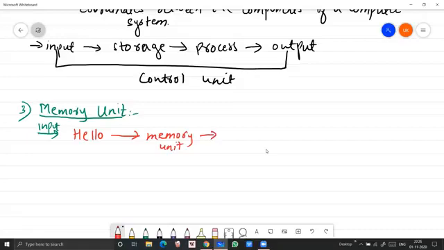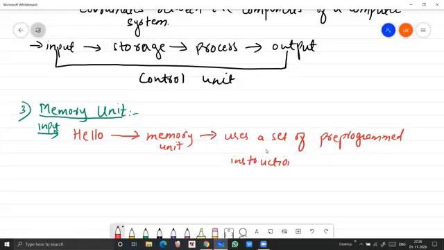Pre-programmed instructions are those which are already fed into the system.